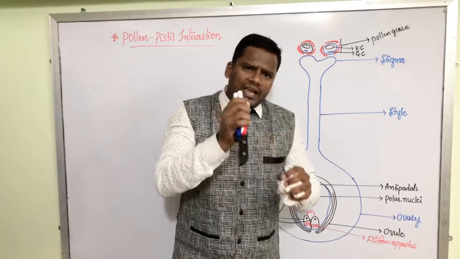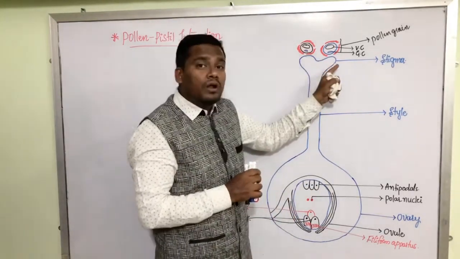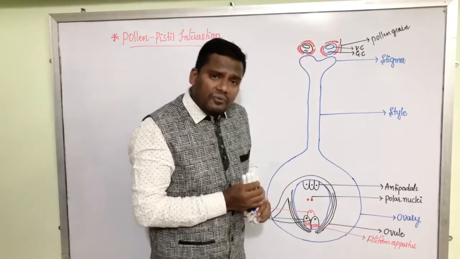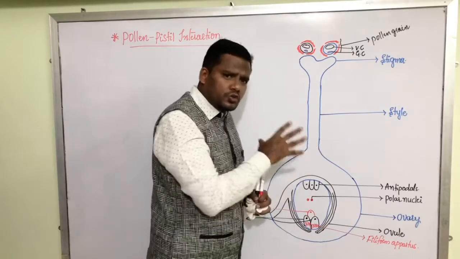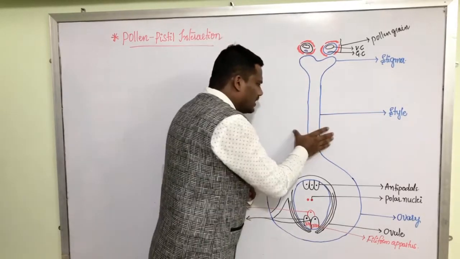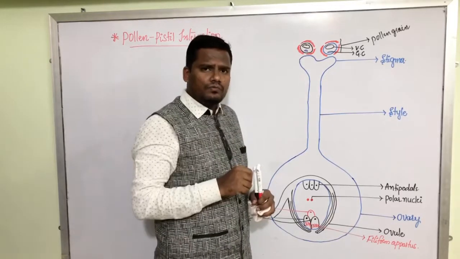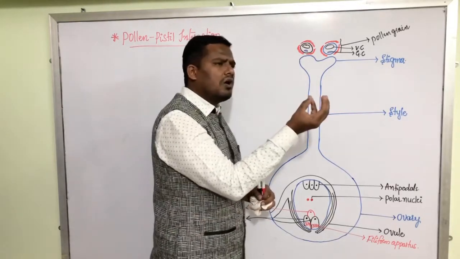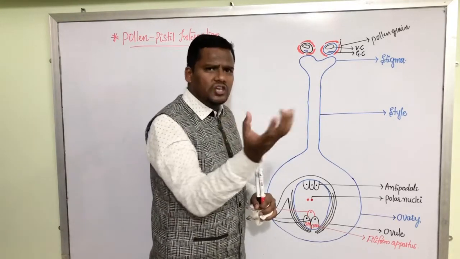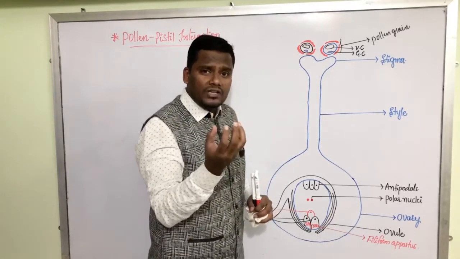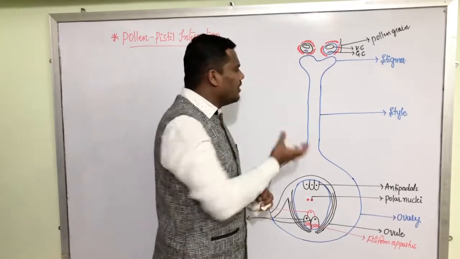Pollination does not always guarantee the deposition of the right type of pollen grain on the stigma. Say for example, this gynoecium belongs to the mango. In nature, we don't have only the pollen grains of mangoes. We have the pollen grains of neem also, of acacia also, of Tamarindus indica also. We have the pollen grains of various plants.